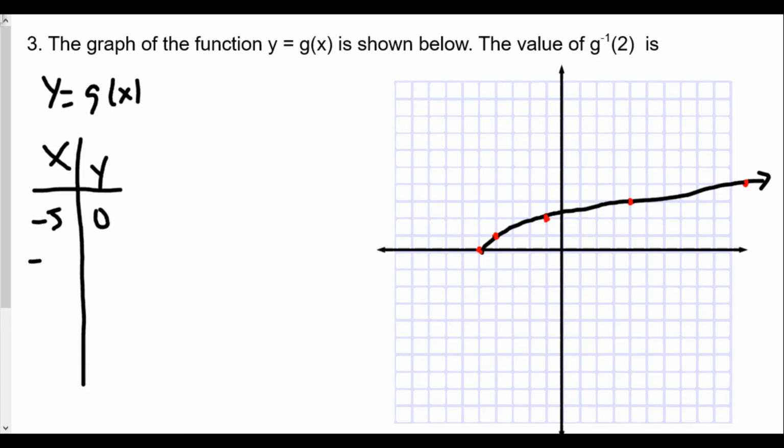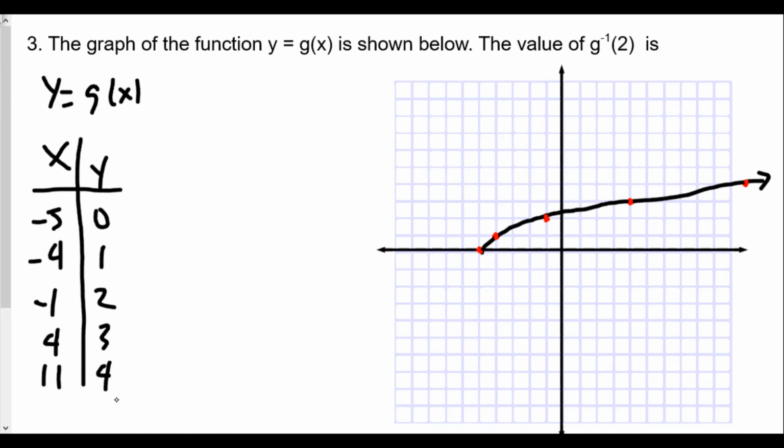When the x value is negative 4, the y value is 1. When the x value is negative 1, the y value is 2. And the next coordinate is when the x value is 4, the y value is 3. And I think we go one more, 1, 2, 3, 4, 5, 6, 7, 8, 9, 10, I think 11. If x value is 11, the y value is going to be 4.